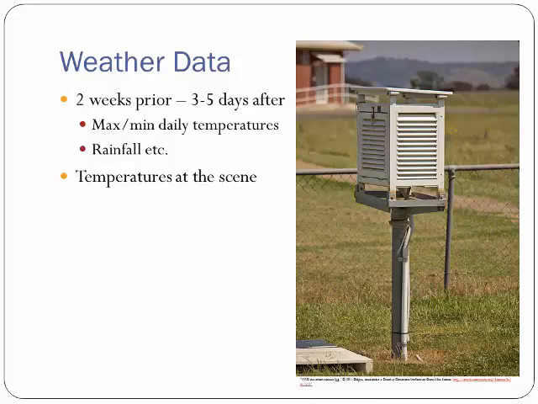So, if you have quick developing species like Lucilia or Cochliomyia, and the body is in a relatively fresh state of decay, let's say it still has some good flesh on it, it's not in active decay or black fermentation, you'll want to get weather data from about 2 weeks prior to the discovery to 3 to 7 days after discovery of that body. So from 2 weeks prior to 3 to 7 days after.